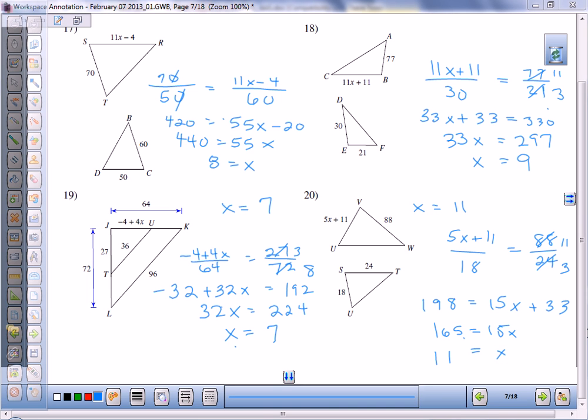Are you taking a charter bus? I think you have to take a bus. Yeah. You had to take a school bus.